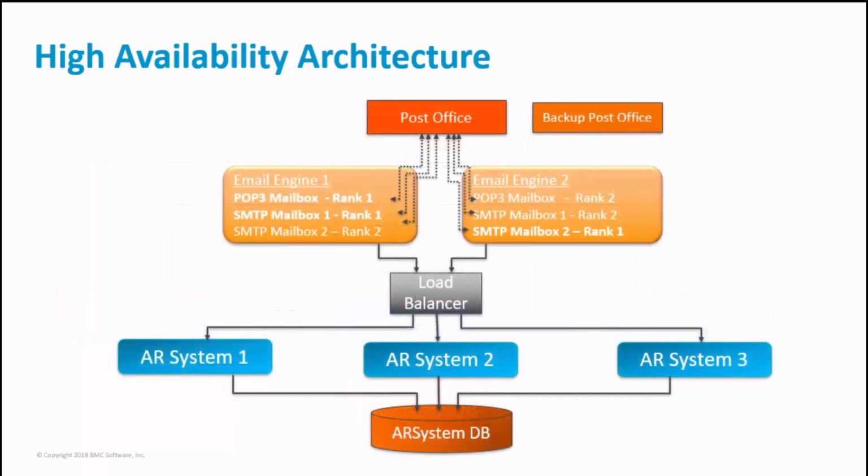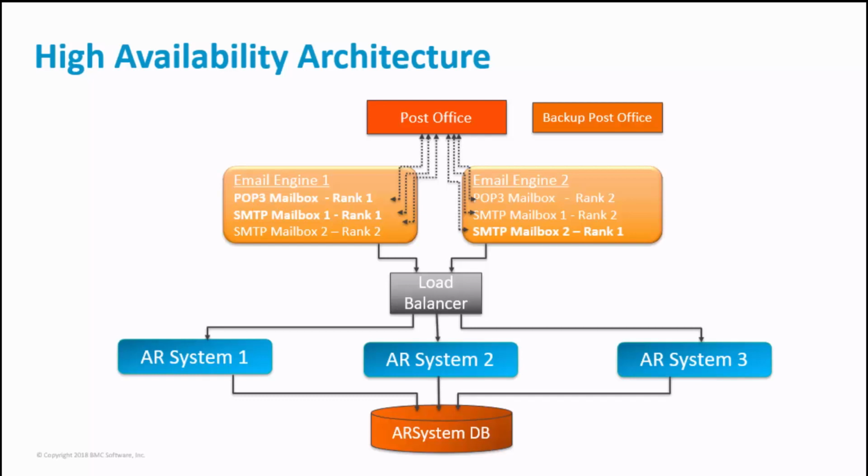Now this screen is a logical view of the same environment I just showed you. Email engines reside on an AR server host, but they have no real direct connection to that AR server since they can connect to any AR server via the load balancer. Each email engine is capable of handling multiple mailboxes. In this example, I have 3 mailboxes that are handled by 2 email engines.